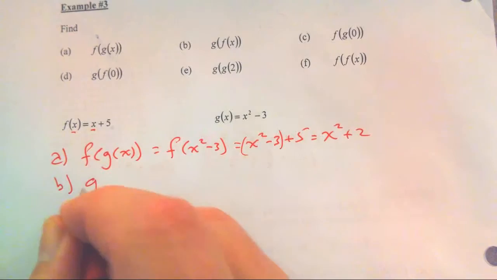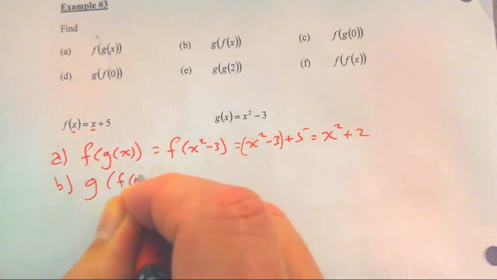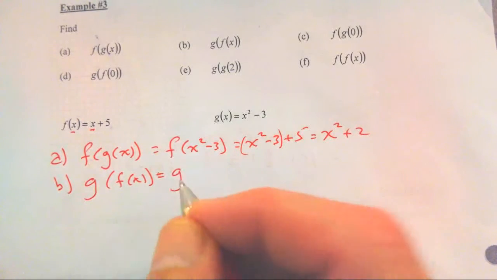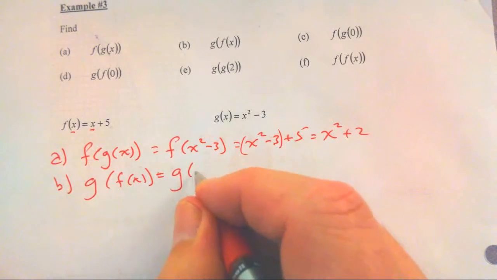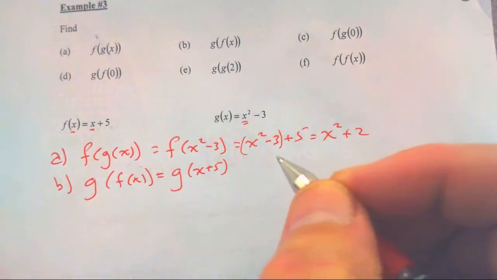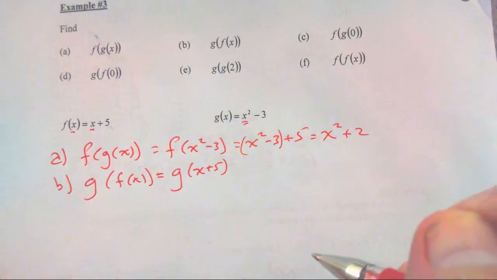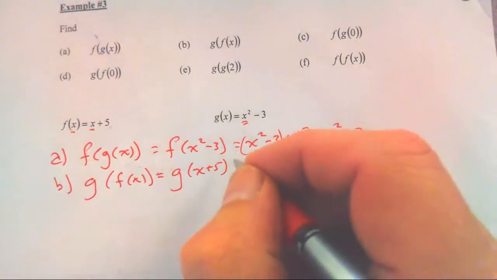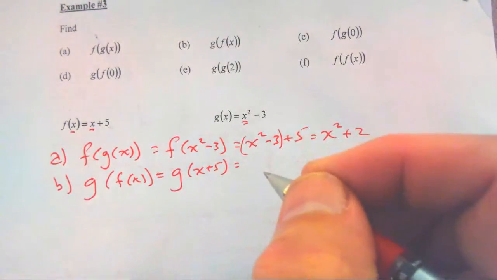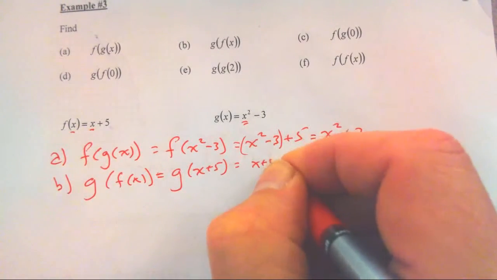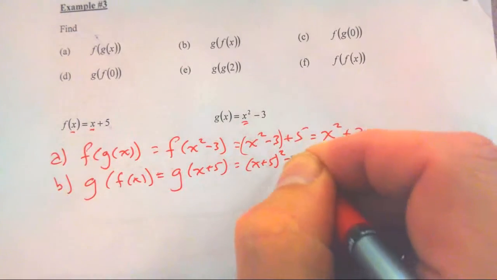B. G of f of x. You can beat me done. Is g of x plus 5. G is a factory that squares things and then subtracts 3. It's not x squared minus 3 plus 5. It squares the thing. So x plus 5, square it, minus 3.